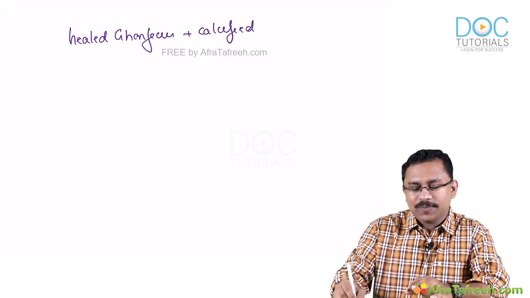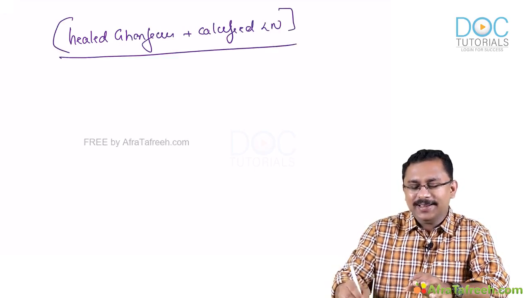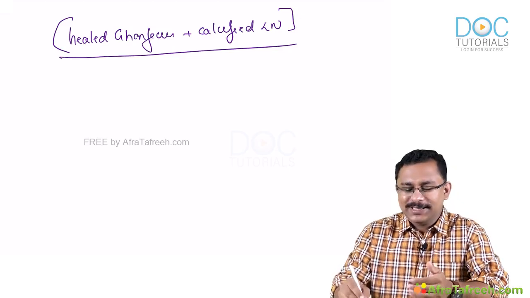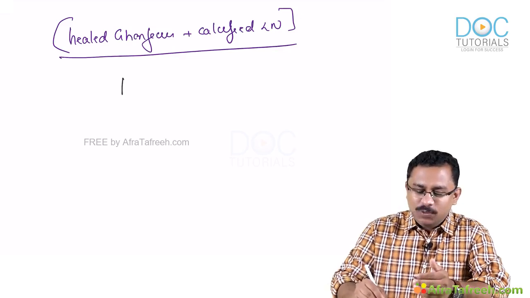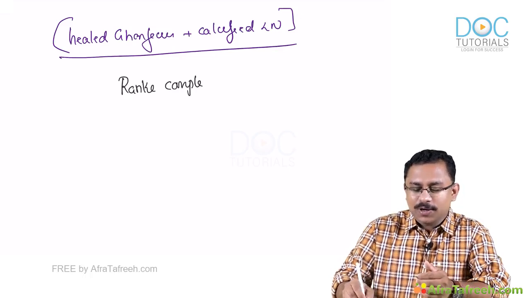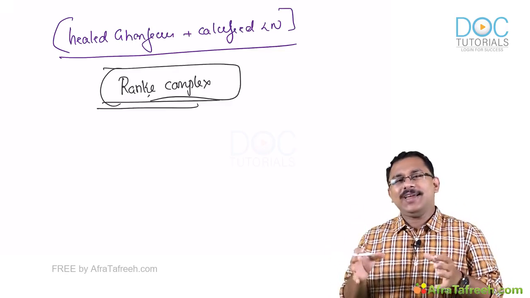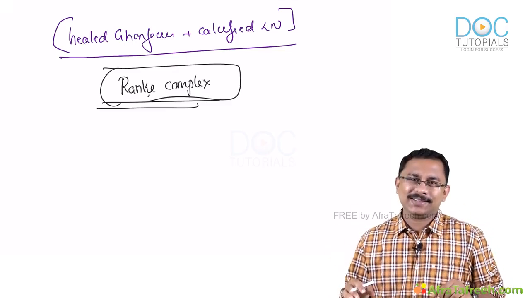Such a healed or calcified Ghon focus plus the calcified lymph node is what you call the Ranke complex. So that is when your body has been able to contain the infection.